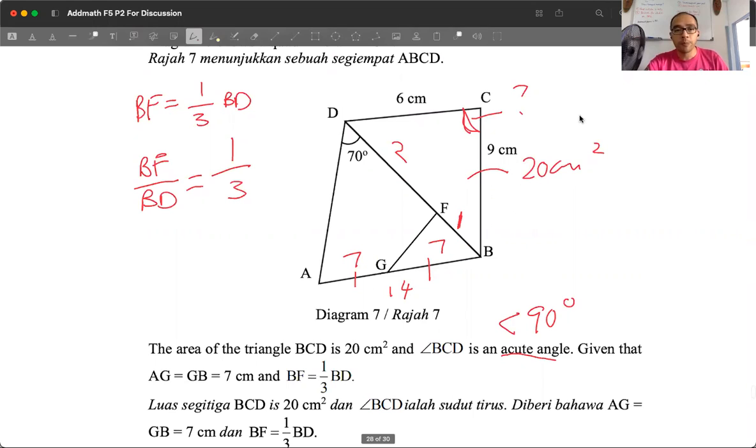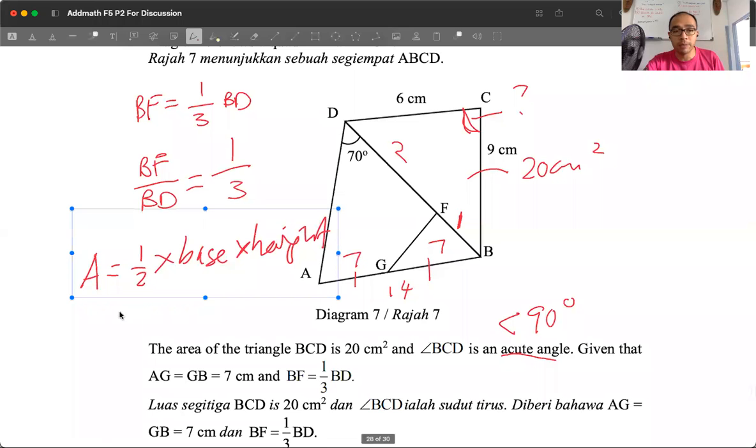Okay, now just to remind you, area in triangle for solution of triangle is not the form 1 punya yang kamu belajar, half times base times height. Ini jarang kena tanya. Ada juga, okay, pernah kena tanya. I'm sure if you've done the exercise or even the past year questions, the trial papers, you would have seen this.